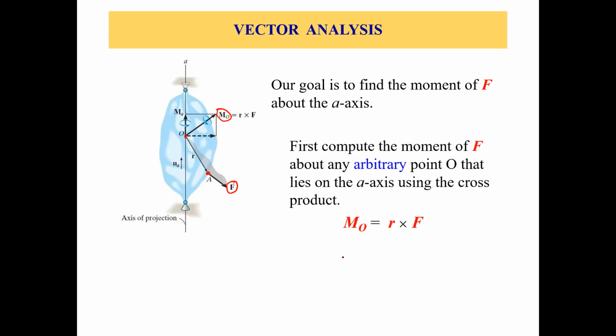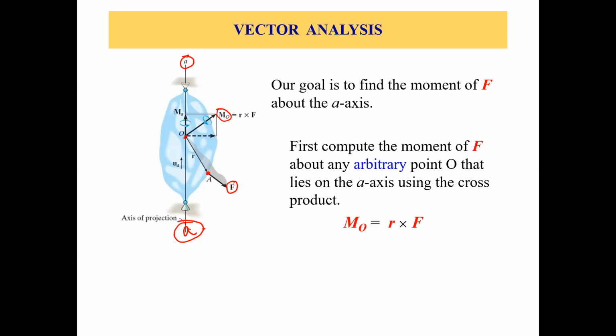Our goal is to find the moment of force F about the a-axis. Let's say this is our a-axis. First, compute the moment of force F about any arbitrary point O that lies on the a-axis using the cross product. So this is your point O, which lies on that axis where we are finding the moment.